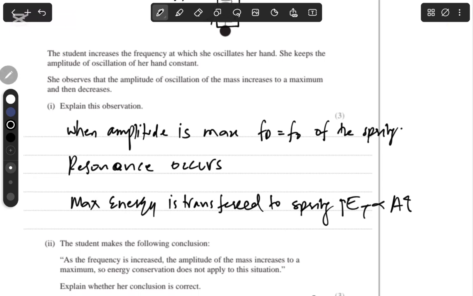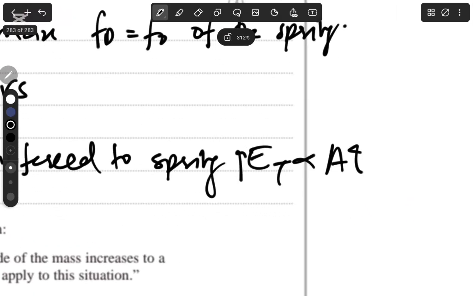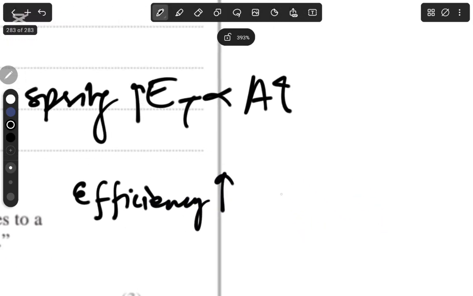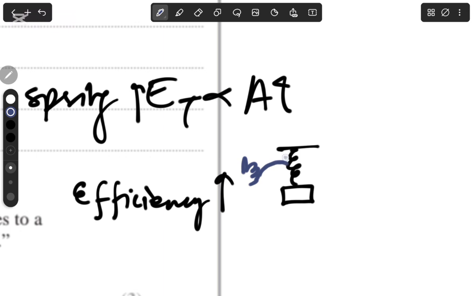Now you have to understand one very important thing in resonance, and most people ignore this. In resonance, maximum energy is transferred, and if you watch my lecture video, I say that efficiency is very high. Now let's say this is the mass spring system, and the hand here will transfer energy to the system, but the system will lose a lot of energy. So the efficiency is the energy output divided by the energy input times 100.